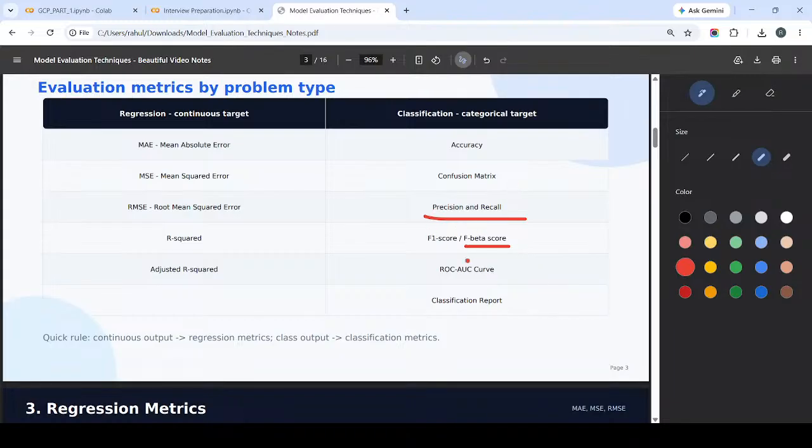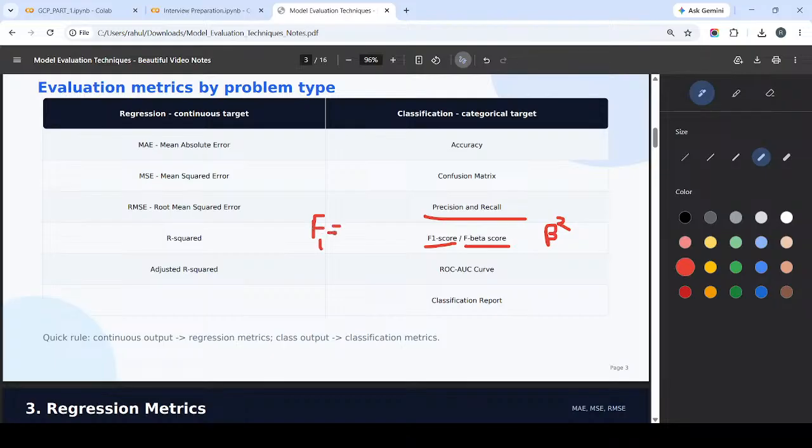It gives weightage to recall by beta squared. If we want to give importance to recall, we increase the beta value, and if both are equally important, we provide beta value as 1. That we call the F1 score.